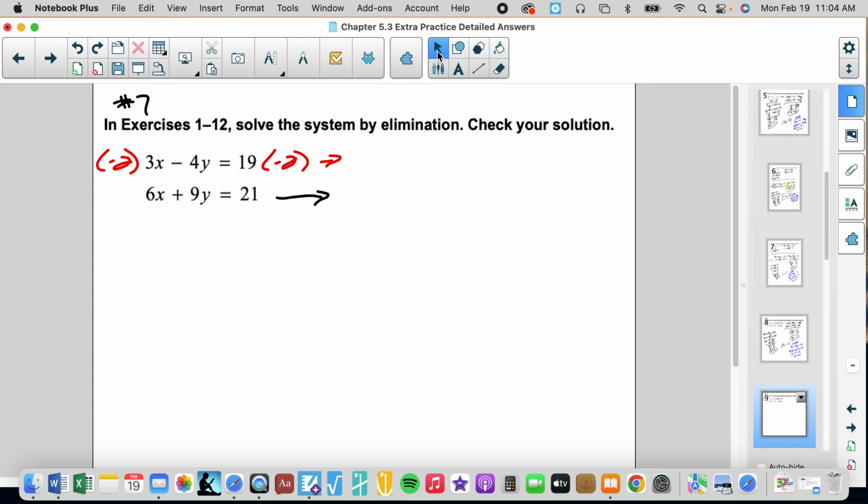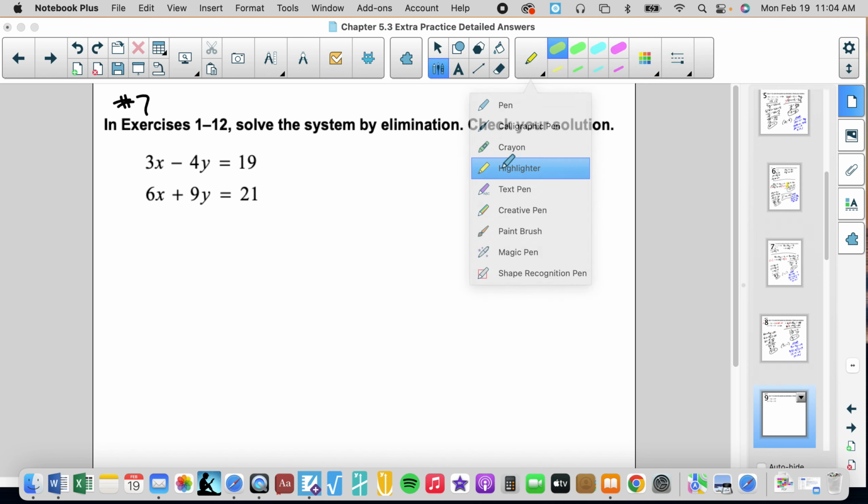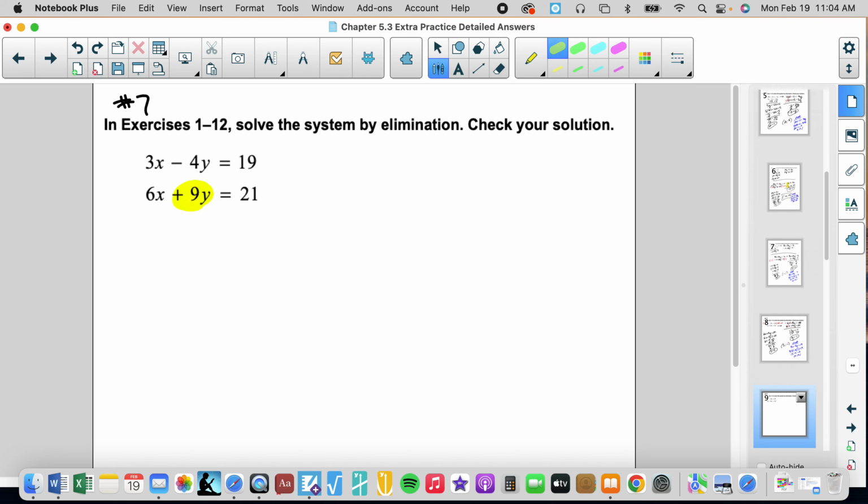So let's say instead of canceling out the x's, what if I wanted to cancel out the y's? So the y's have to be opposite of each other. If I look at positive 9y, what can I multiply -4y by to get -9y?